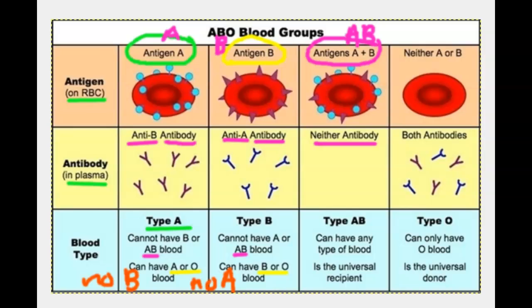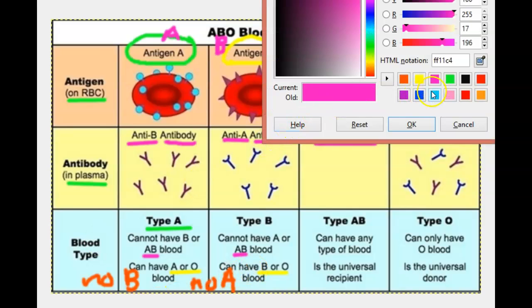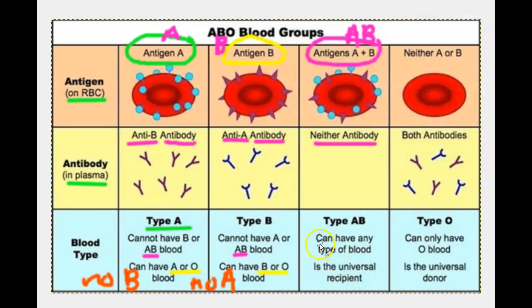Alright, so AB blood has no antibodies in their plasma. So, because of that, they can have any type of blood.